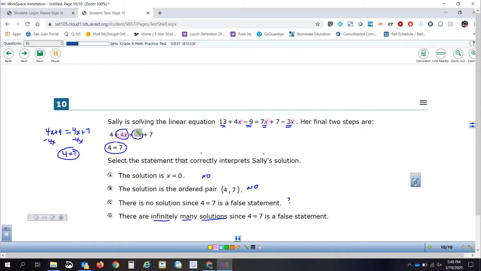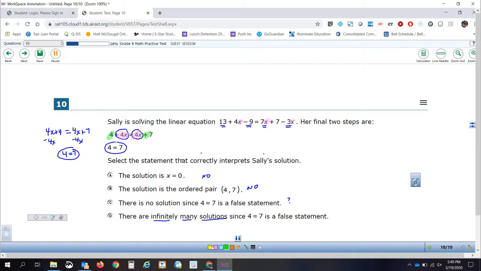So no matter what x is, this part of the equation will always be true. Now let me ask you a second question. When does 4 equal 7? And the answer is never. So the pink part will always equal the pink part, but the green part will never equal the green part. So what does that tell us? It doesn't matter what we put in for x. Those two will always be true, but the other parts will never be true.